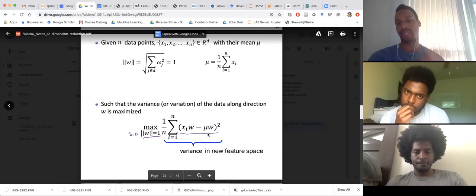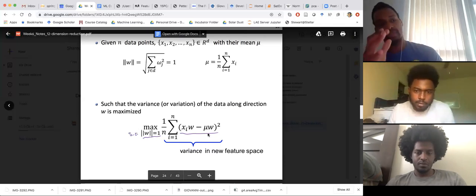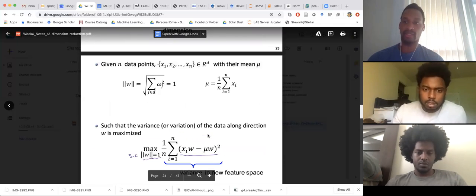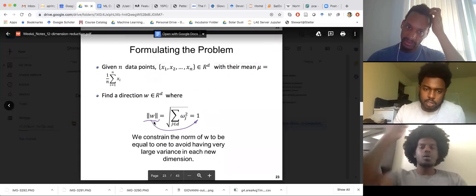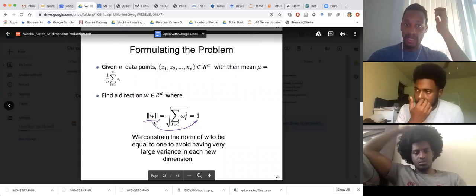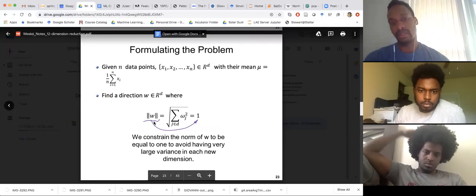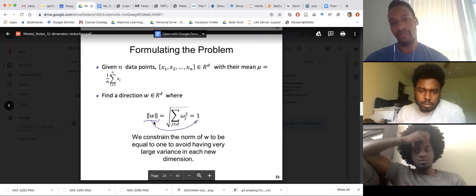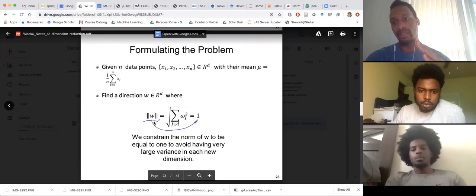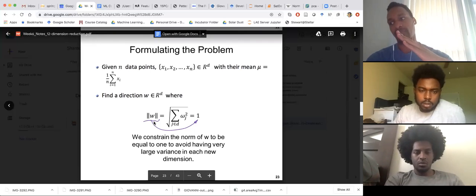So that's a constraint you have on this equation so that you don't scale the data at all, but you're just getting the direction. So w is just some unit vector that's arbitrary. Exactly. And the unit vector that you're trying to find is that line where you're going to have the maximum of the data variance.